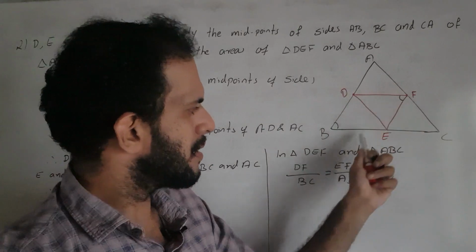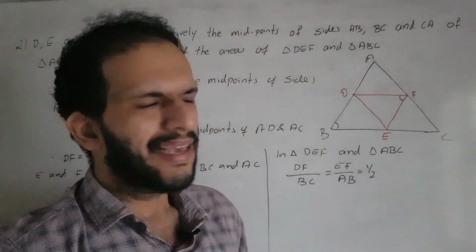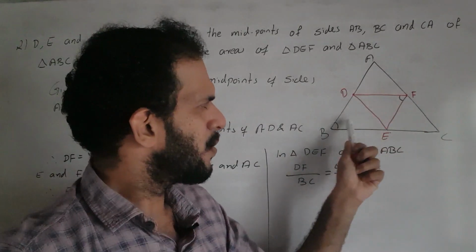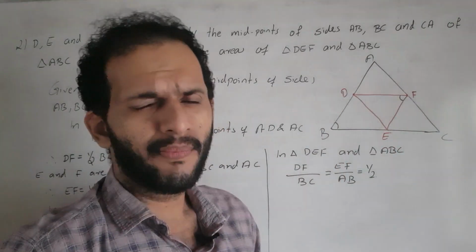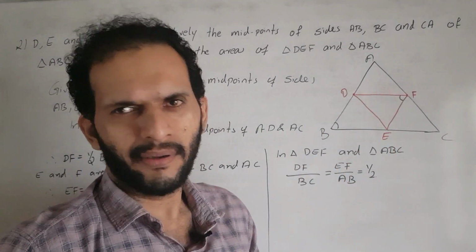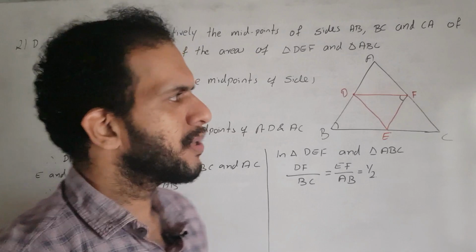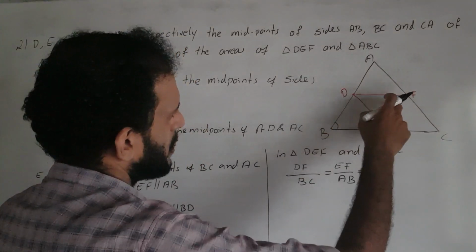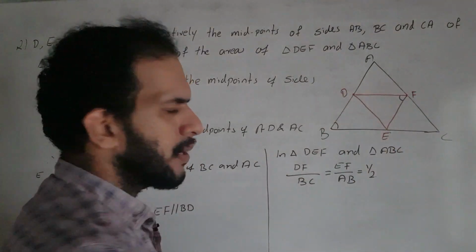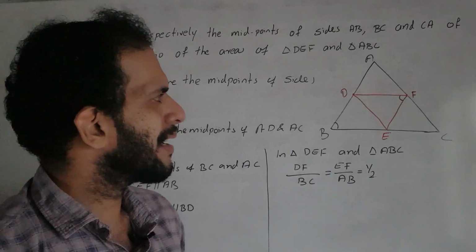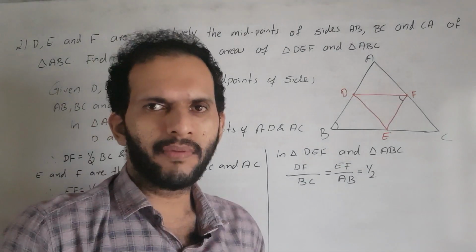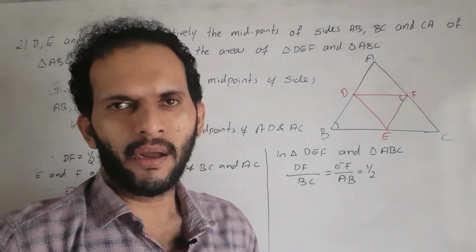Now we got it, the two sides' ratios are proportional. Are these including angles equal? Yes. Correct. Why? Because they are the opposite angles of the parallelogram. Angle B and angle F are the opposite angles of the parallelogram, so they are equal.